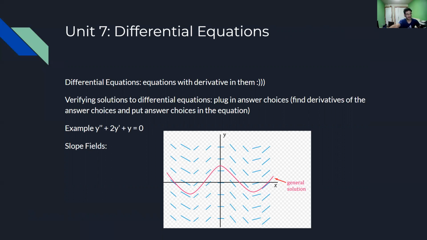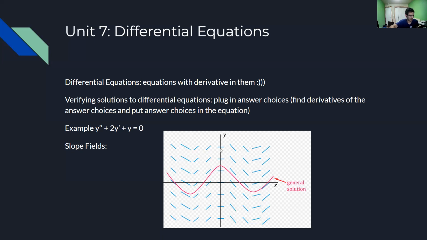Also in differential equations, there are slope fields, and they're pretty self-explanatory. Basically, the lines represent the slope at that particular point. With slope field questions, I'll look out for places where the slope is 0, note the x-coordinate and y-coordinate of those, and then try to plug them into the answer choices. It's like a multiple choice question.